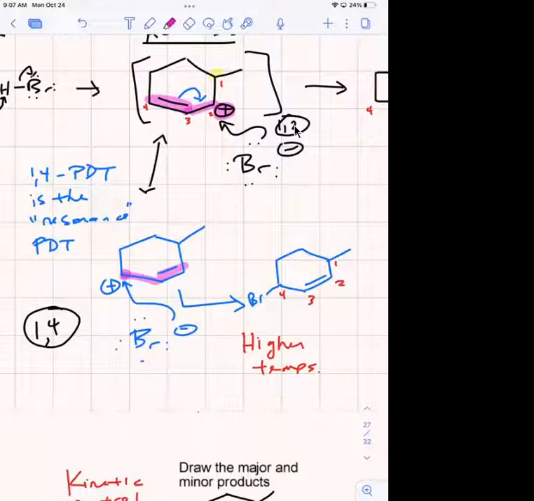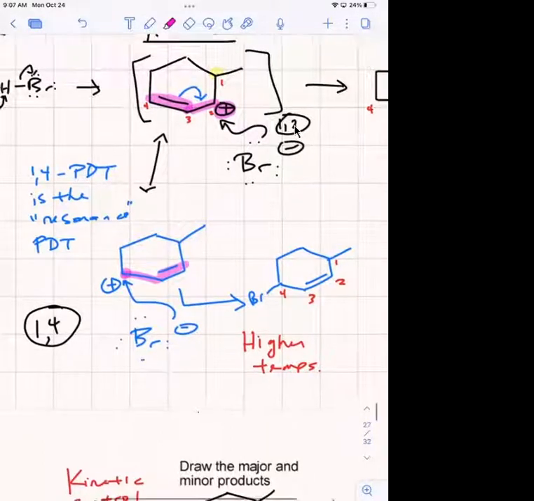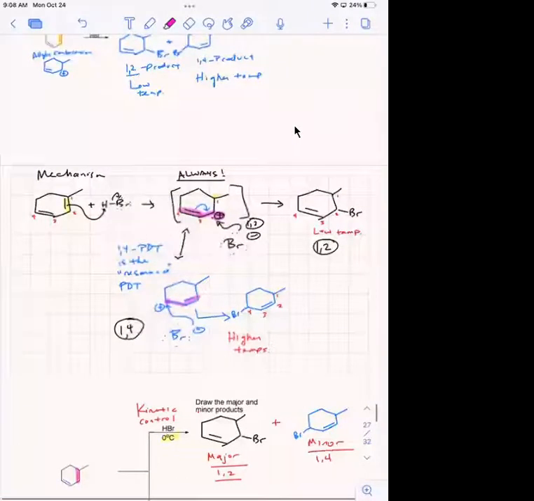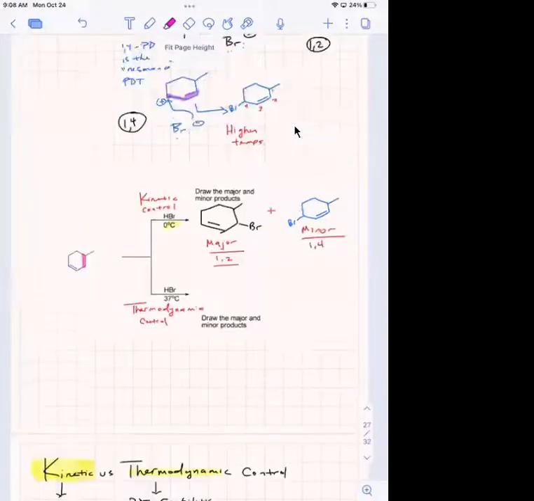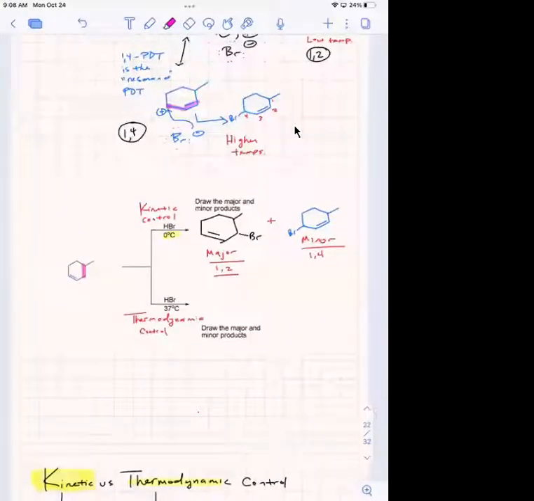Both products come from the same intermediate, and that's the key to the reaction. That doesn't change. Once you get to that allylic carbocation intermediate, both of your products come from there. So I think the question was, for this first example, to draw the major product under kinetic control.